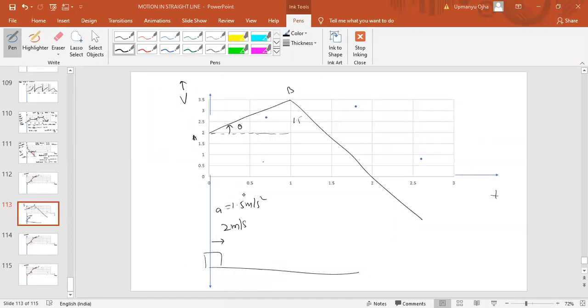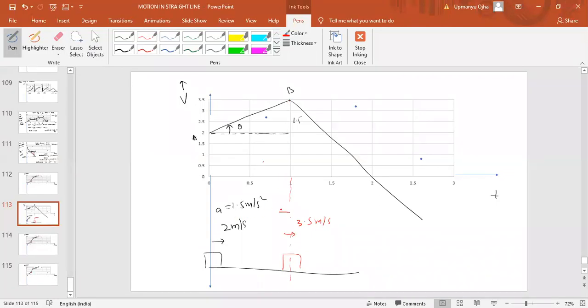Now, when this particle reaches point B, it will have the maximum velocity. And what is the value of the maximum velocity? 3.5 meter per second. But now here the acceleration becomes negative. The direction of acceleration has changed at time t equal to 1 second.